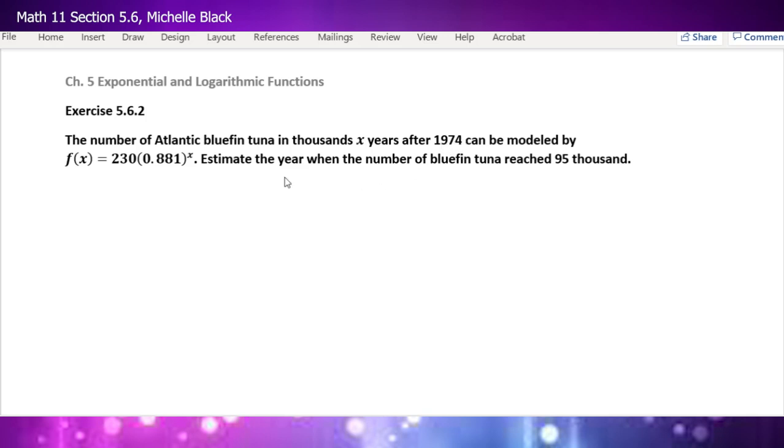All right, well, they gave us this function, f of x equals 230 times 0.881 to power x. And we're trying to estimate the year when the number of tuna reached 95,000. Well, x represents years after 1974.